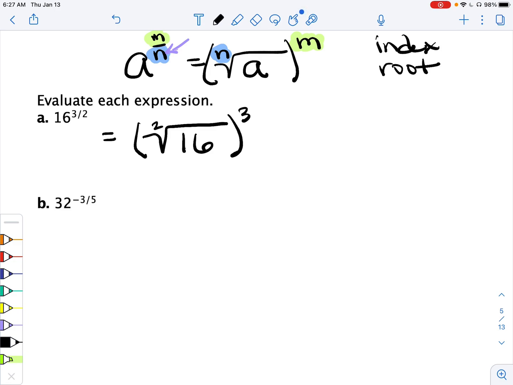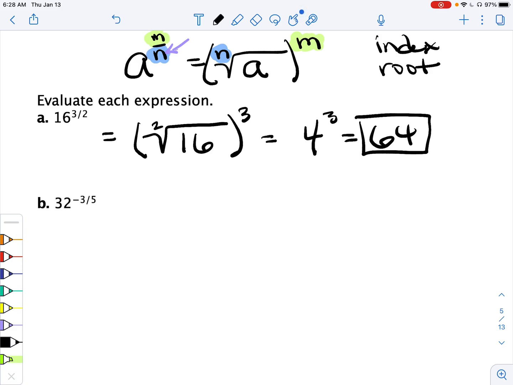So the way you're going to evaluate it is you're going to work from the inside the parentheses, of course, out. So the square root of 16 is 4. So once you do the square root, the radical sign goes away. Now that's 4 to the third power, right? So 4 to the third power is 4 times 4 times 4, which is 64.